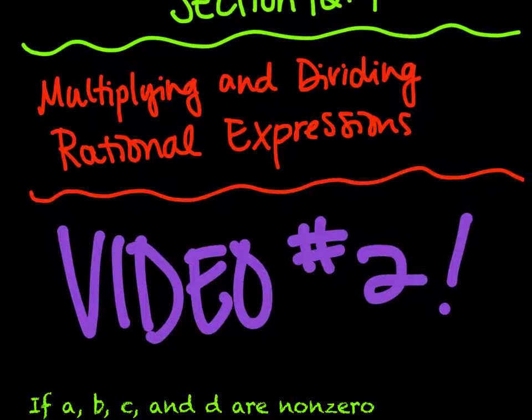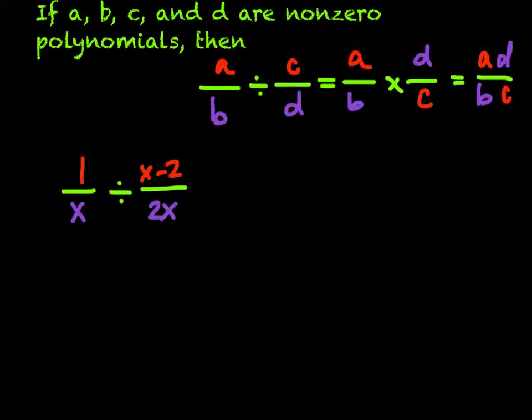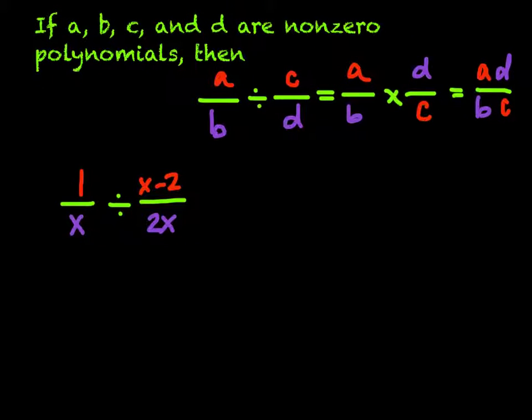So dividing rational expressions is much like dividing fractions. When you are dividing a fraction, you need to be paying attention to that whole concept of multiplying by the reciprocal.